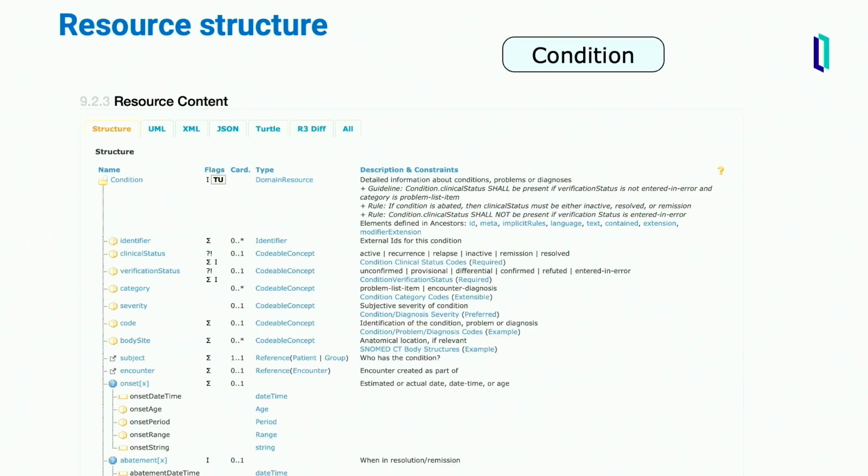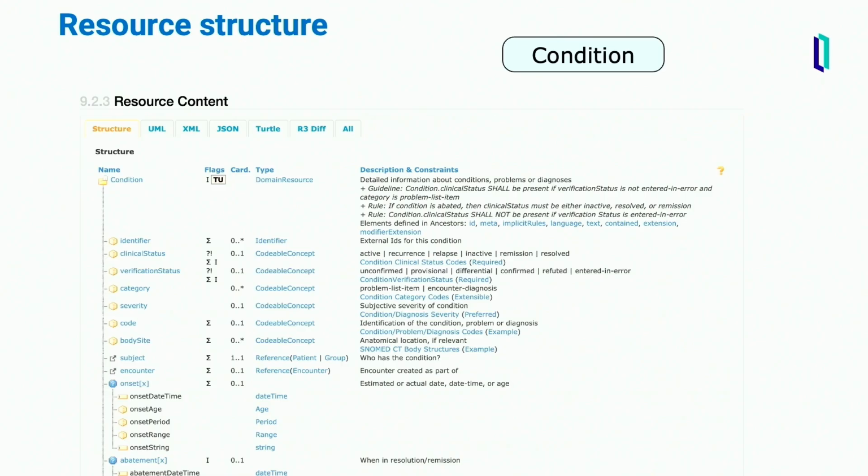There's also a verification data element, which means do we absolutely know that this individual has this condition, or is it part of a suspected diagnosis? All of those are very important. They're metadata about this condition, and that metadata will go with the FHIR resource. If somebody retrieves it or you send it to somebody, they don't just have the name of the condition, they have all this other information about that condition as well.